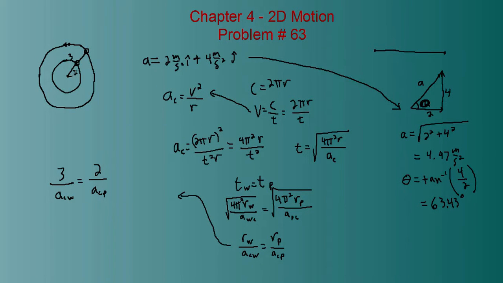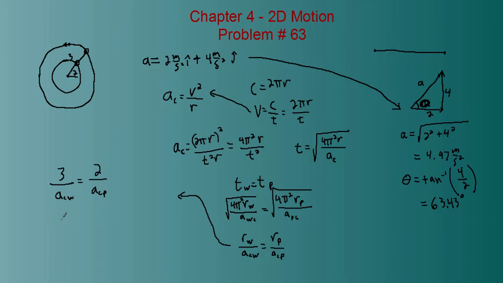So this is 63.4 for the purse, it's also for the wallet. It's the acceleration that's not quite the same. But we'll use this angle to break it back up into i and j components because the problem's asking for unit vector notation.